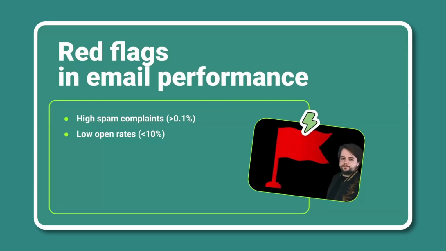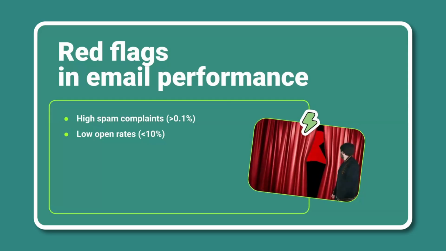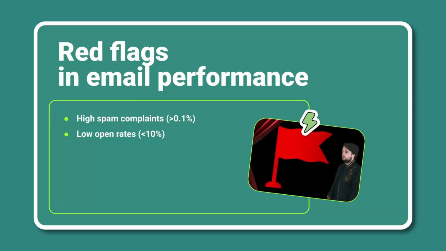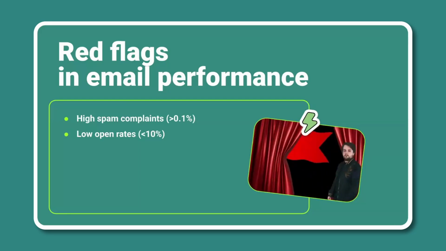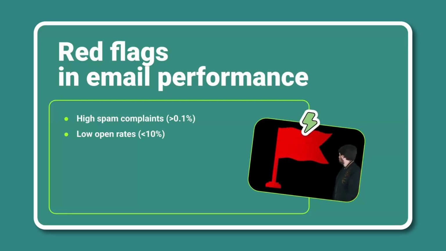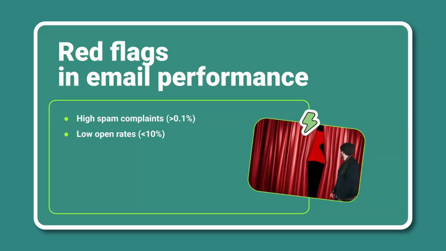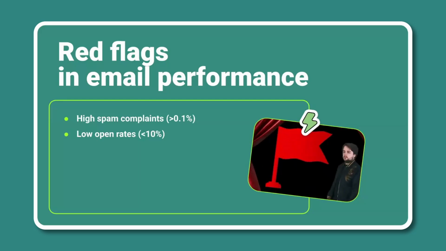Your sender score with Gmail is low, and you need to implement a strategy around that and focus on fixing your deliverability with Gmail in particular, instead of trying to guess what's happening. Is it my content? Is it my segment that's not performing very well? It's really easy to spot issues in there.